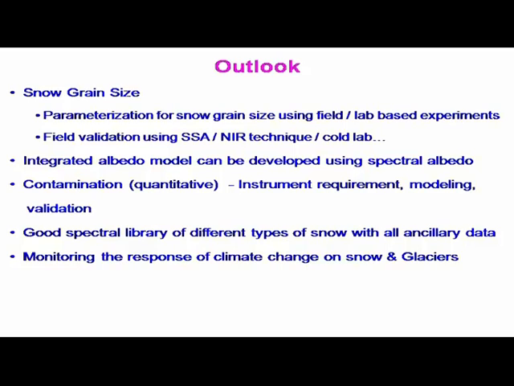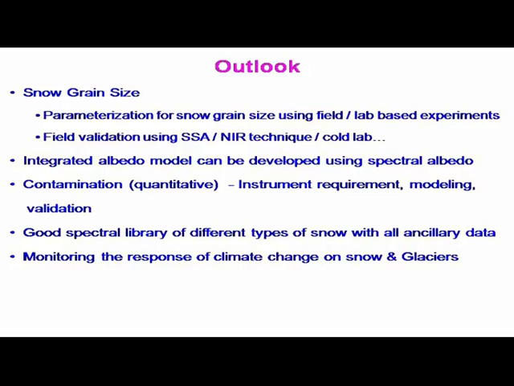Then for the quantitative estimation of the contaminants, instrumentation is required and modeling is required to measure the exact quantity, that is the concentration, either soot concentration, black carbon, or soil concentration in the snow cover. So there is still a lot of work to be done in this area.